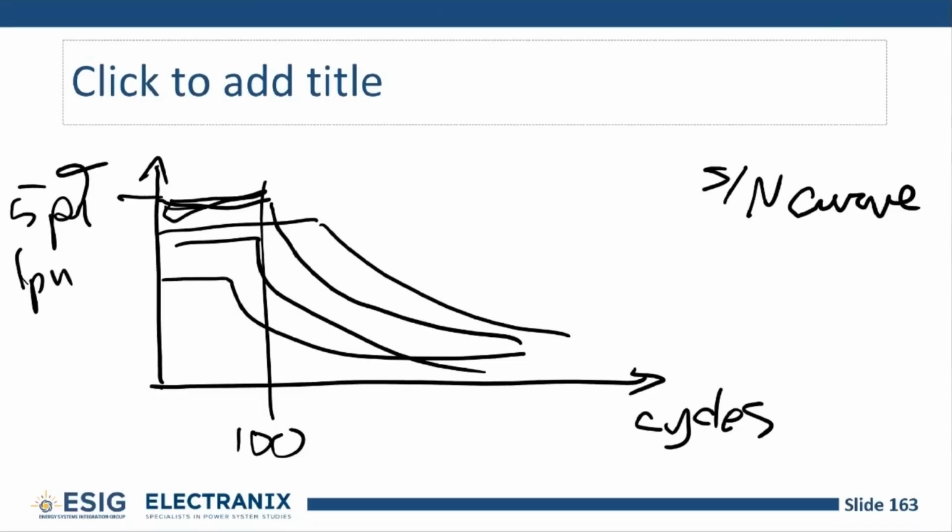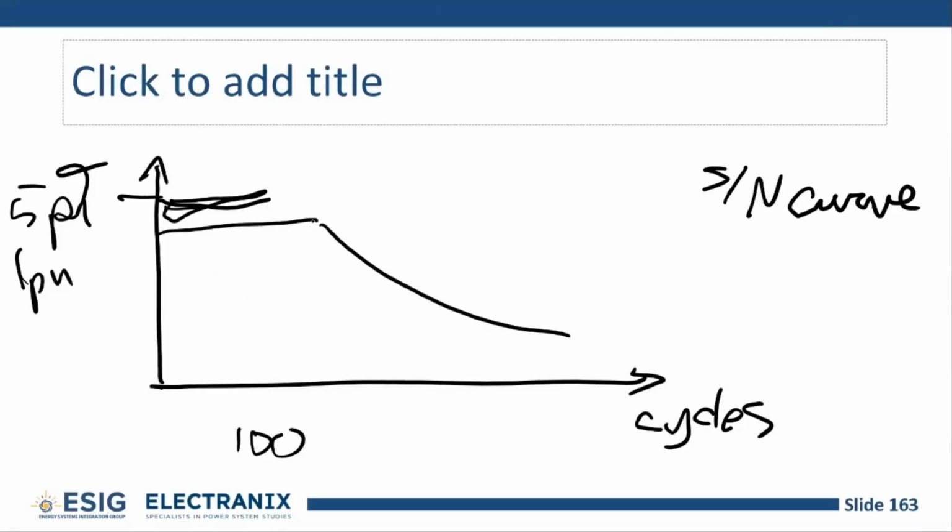At some point down here, over on the far left side, we get into the realm of millions of cycles and an infinite number of cycles. Depending on the material, usually I think for steel, this will flatten out eventually. So that's a flat line, and we could call that an endurance curve or a high cycle fatigue limit, which means that you can basically rock it back and forth forever, as many times as you like, and the steel is not going to fail.